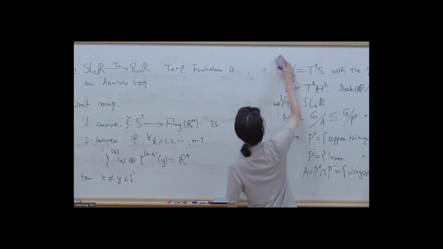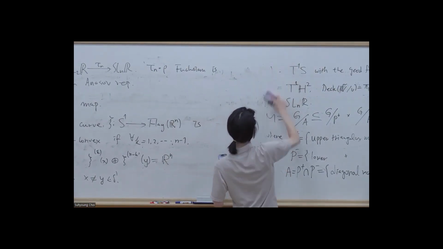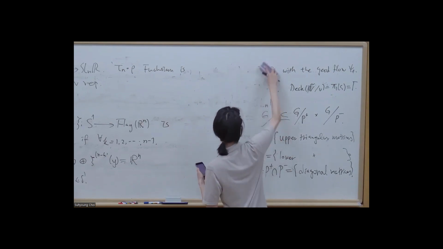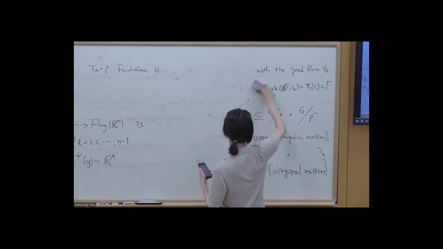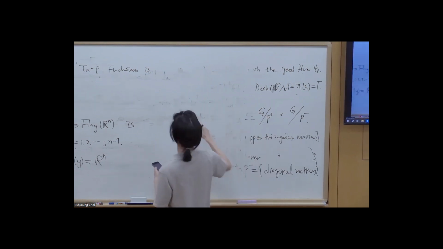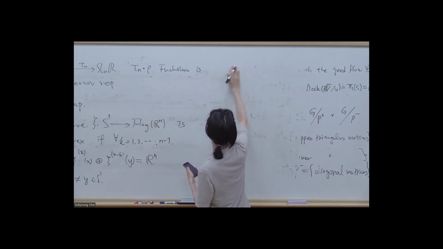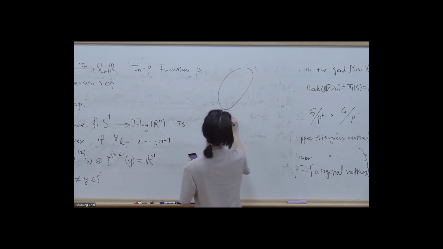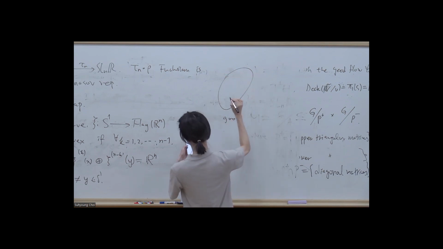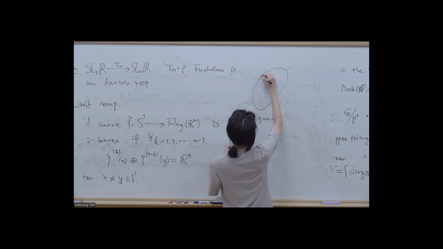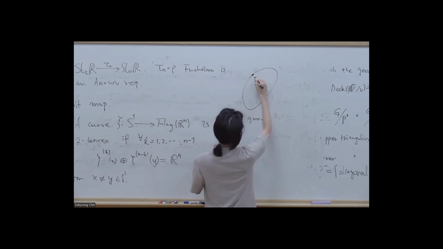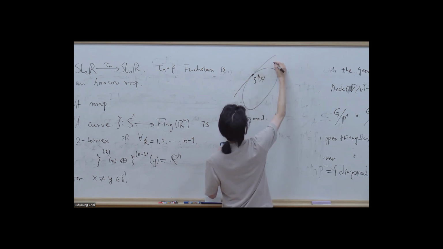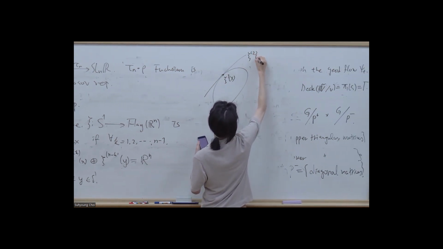Pictorially, let's say something like this. This is good. This is 2-convex because, let's say, you pick a point here, there will be a line, and we have a 2 here.